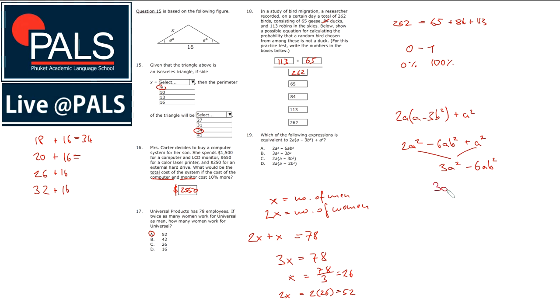So this time we take out 3a(a - 2b) squared. So now if we check this again, 3a times a is 3a squared, and 3a times minus 2b is minus 6ab squared. So the correct answer here is D.